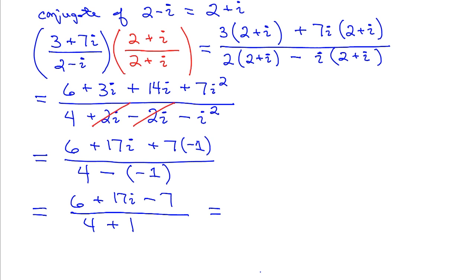And then we have 6 minus 7 is negative 1 plus 17i divided by 5. And then write that as a complex number by splitting the 5 up over both parts. It's negative 1/5 plus 17 over 5 i.